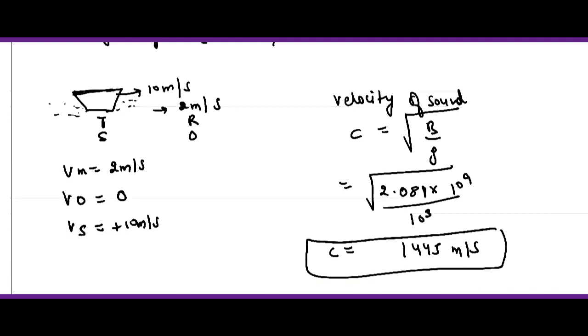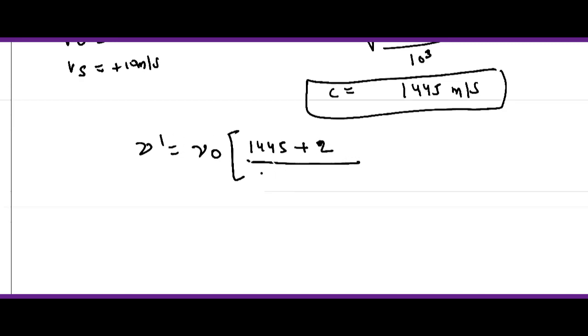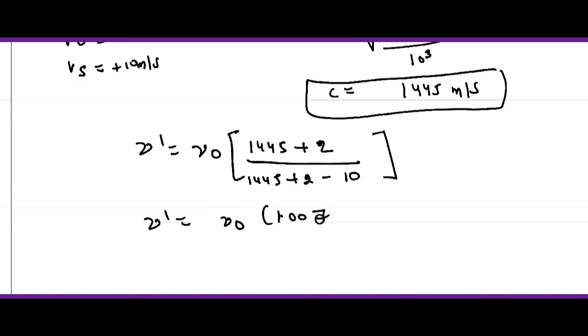Now let's apply the formula and find the changed frequency. Mu dash will be equal to mu naught times 1445, that is C, plus 2, that is the Vm, and V0 is 0, divided by 1445 plus the velocity of the medium 2 minus the velocity of the source, that is 10. So from here we will get mu dash equal to mu naught times 1.007.